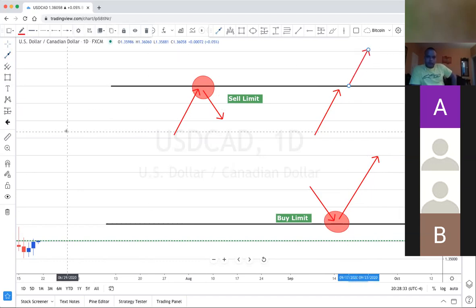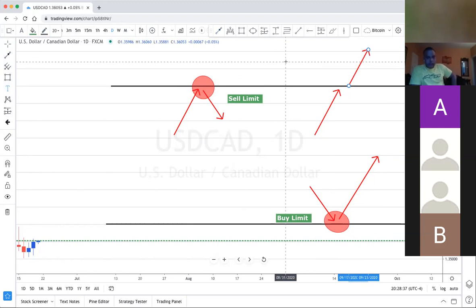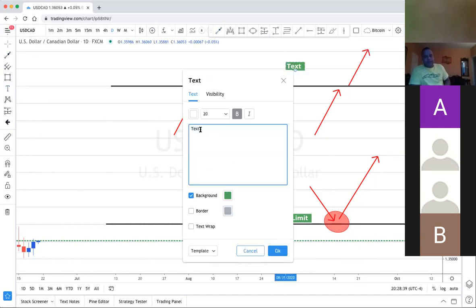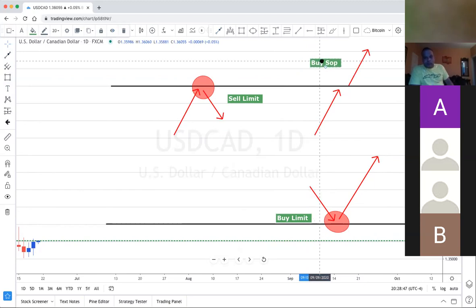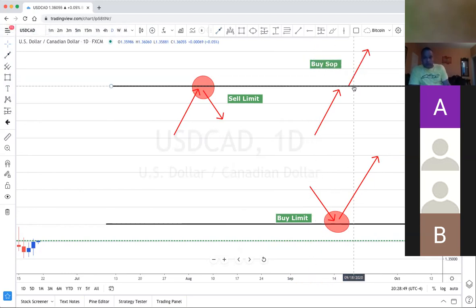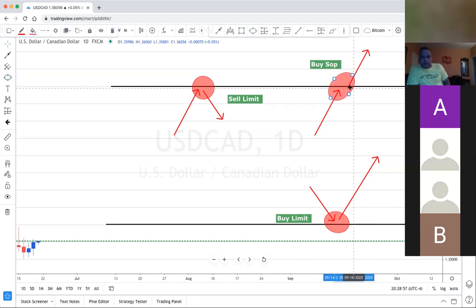I want you to picture you got to the stop sign, but you didn't stop at the stop sign. You blew the stop sign. That's a stop, okay? So a stop is actually not a stop at all. It's actually a continuation. Why they called it that, I don't know, but that's what it is. So if price gets to an area and then continues moving forward, my friends, that is a stop.